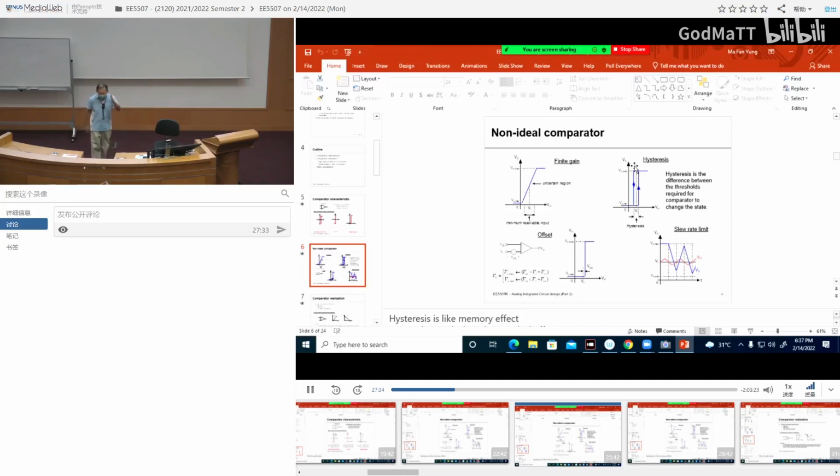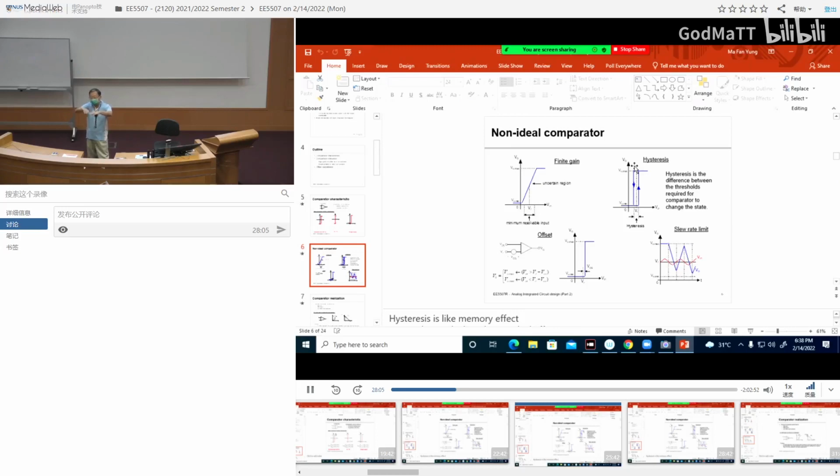Let me put it simply. Hysteresis is useful in a comparator if your input or your reference happens to be noisy. Remember, the input and reference change, and when the input is bigger than the reference, the output starts to go high. But if each of these signals has some noise, and the noise is big enough, it may cause the output to trip again.